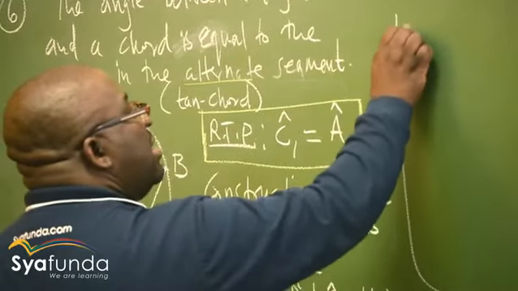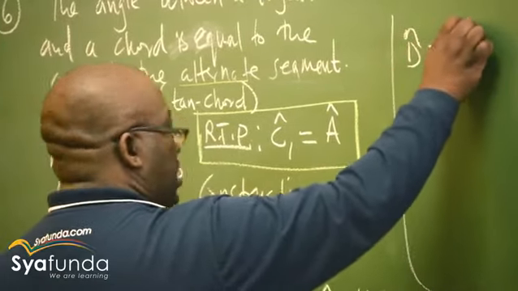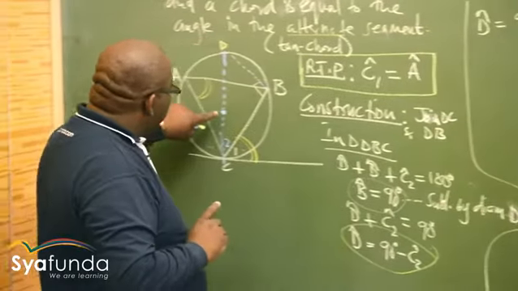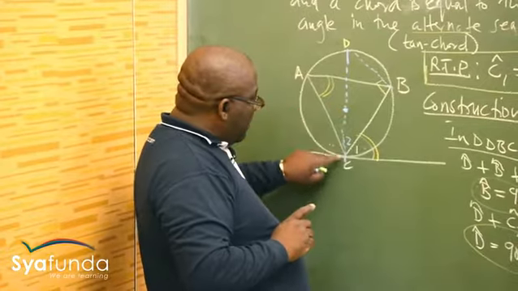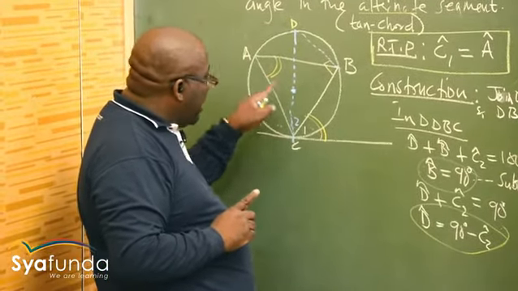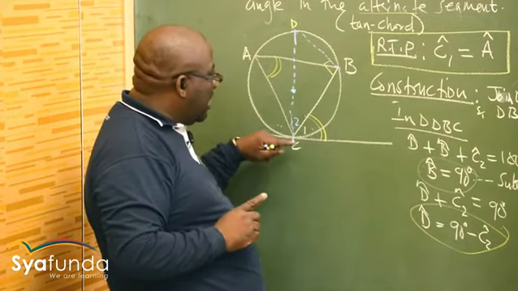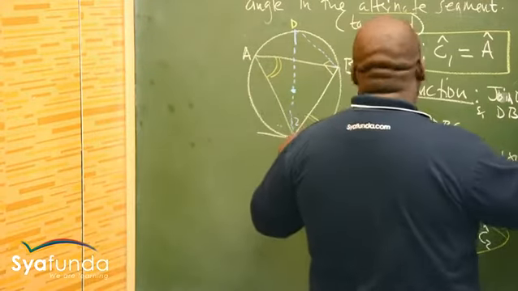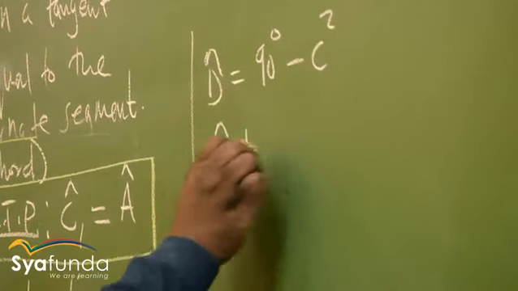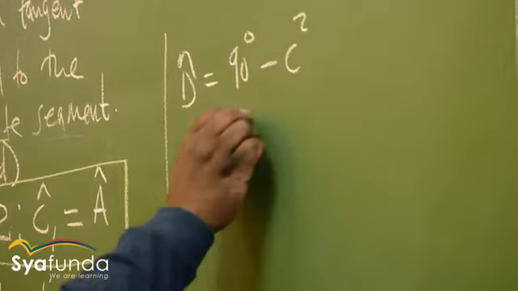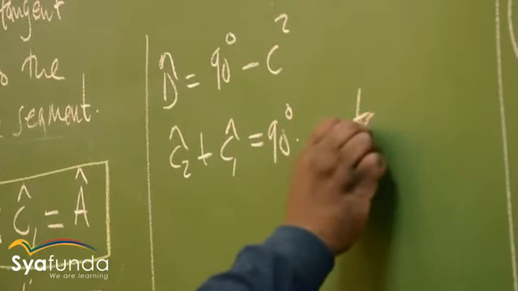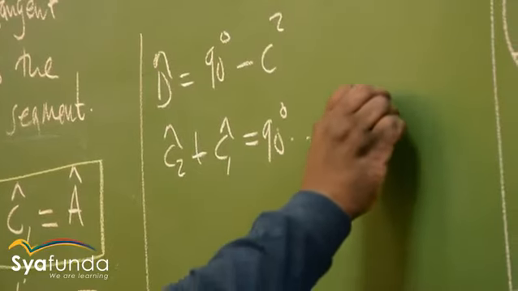We ended by saying D is equal to 90 degrees minus C2. Now I'm saying, if we've got a radius, a radius meets a tangent. So angle C2 plus angle C1 will give us 90 degrees. Why is this so? Because a tangent is meeting a radius.